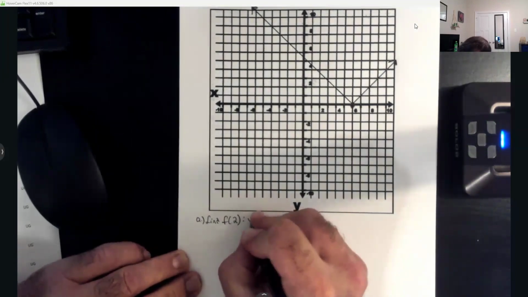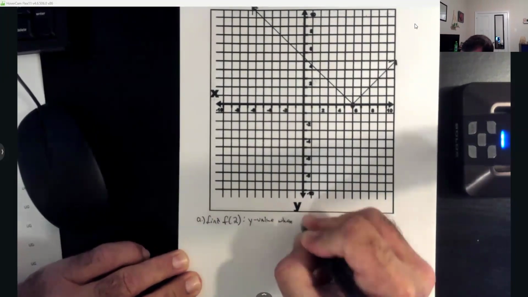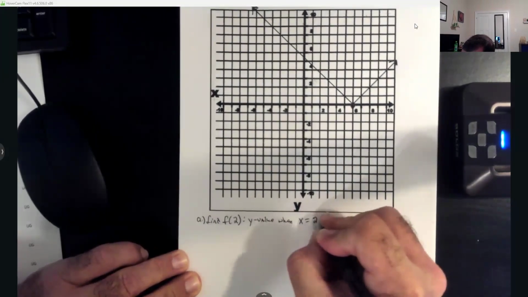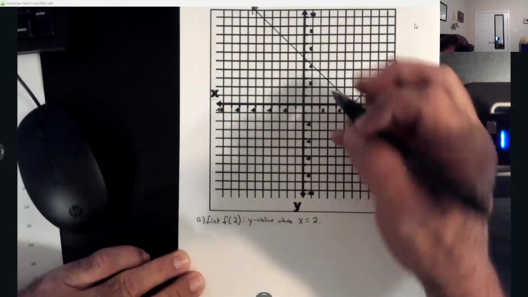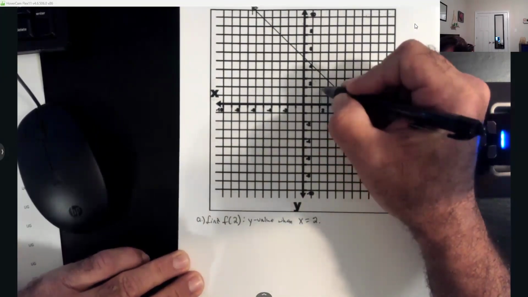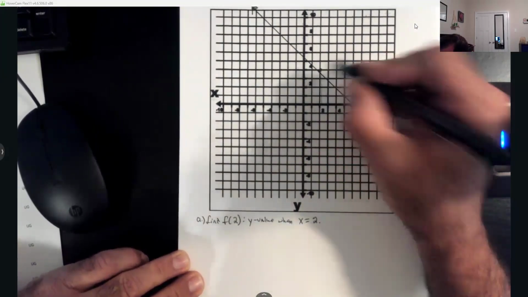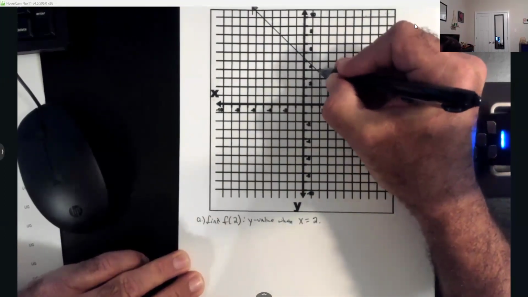So remember, y value when x equals 2. All right, so I'm going to go over here, find 2 on my graph, which is about right here. And I'm going to go straight up. Now, y'all, my graph is a little off, but it should be coming right through here when I try to draw this.